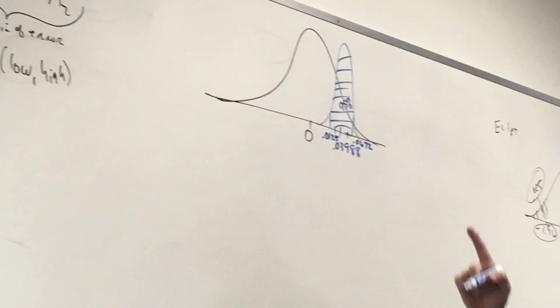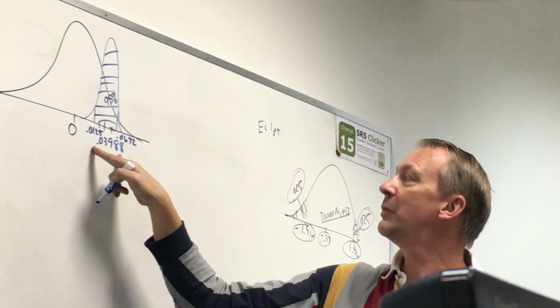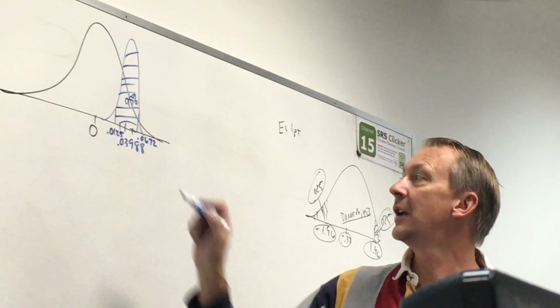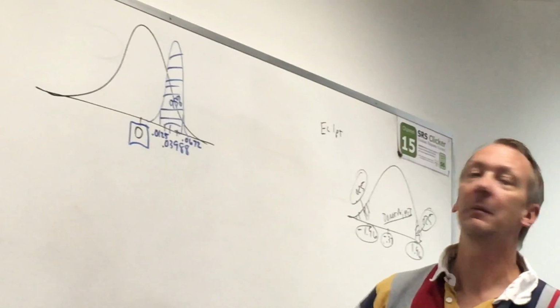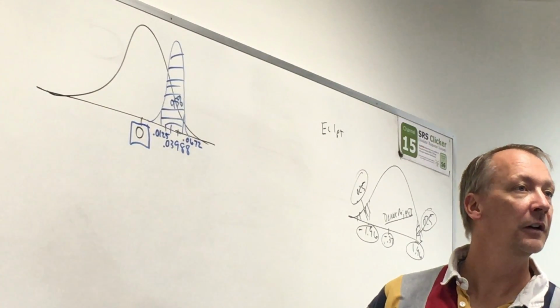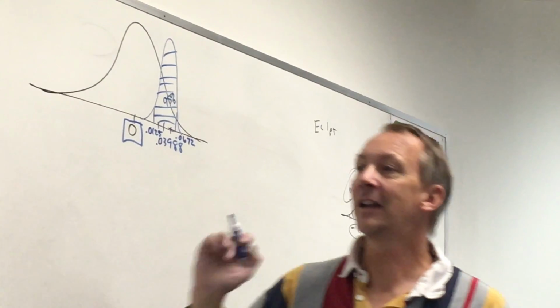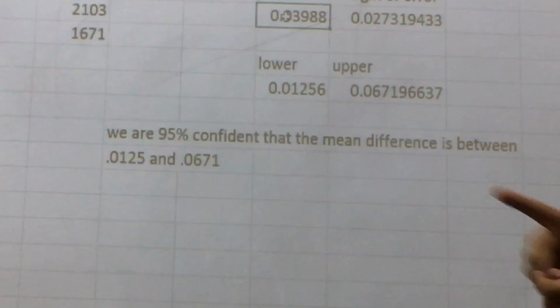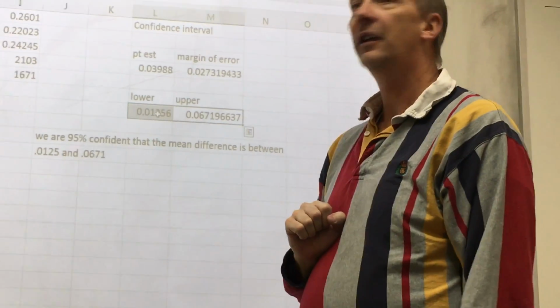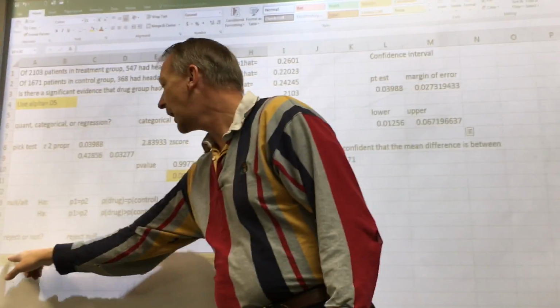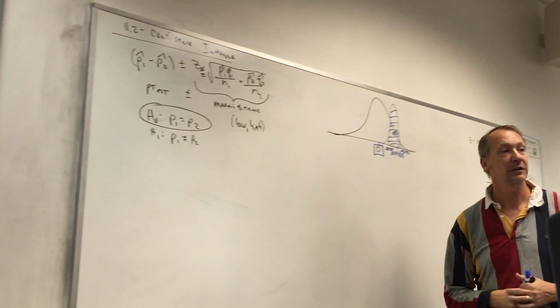I am 95% confident that the mean difference is between 1.2% and 6.7%. Is 0 in my confidence interval? No. So I can safely conclude, because 0 is not in my confidence interval, that yes, in fact, there's significant evidence that the drug group had more headaches.